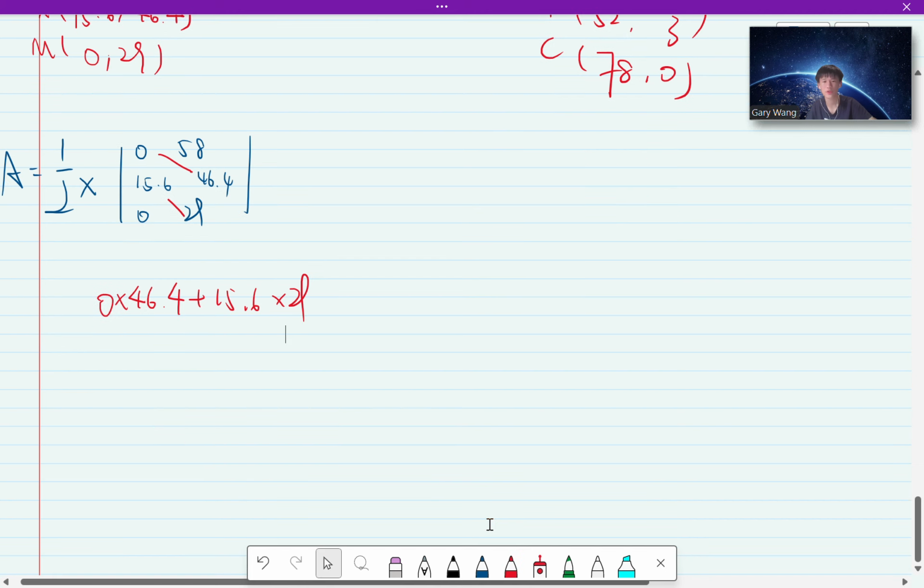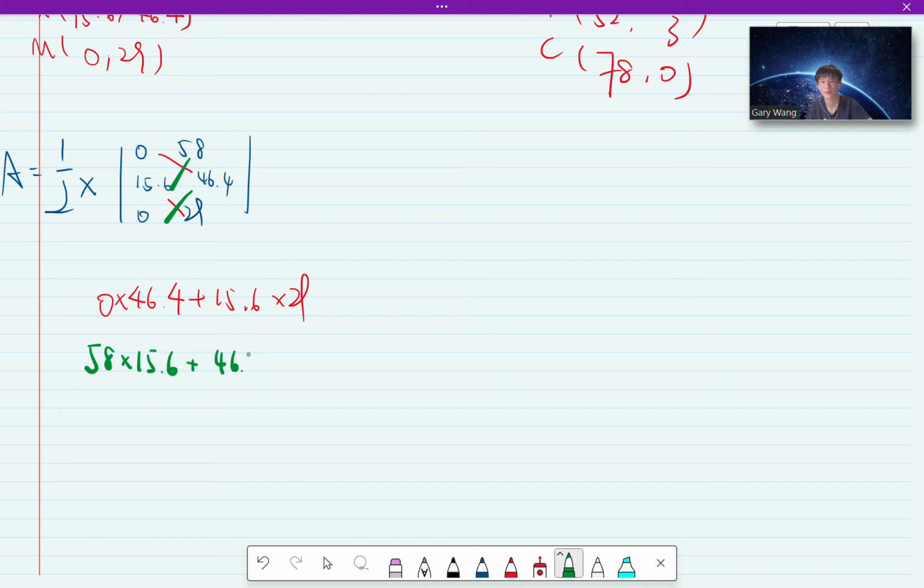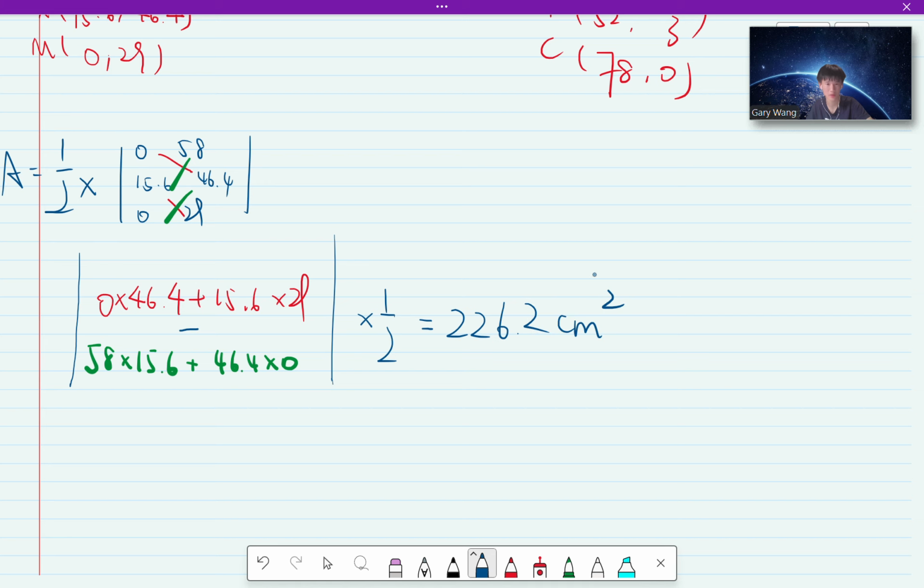Then we multiply in the opposite direction as well, so 58 times 15.6 plus 46.4 times 0. Then we do a big subtraction between these two values, take the absolute value of the whole thing, and multiply by 1 over 2. The answer should be 226.2 centimeters squared.